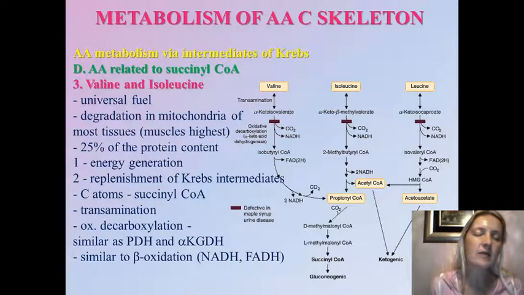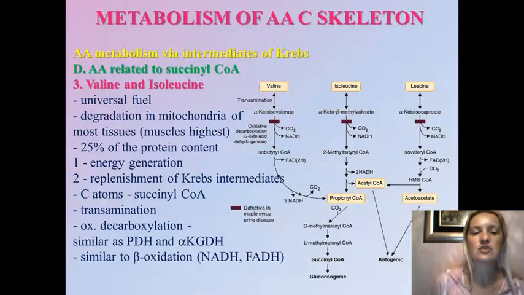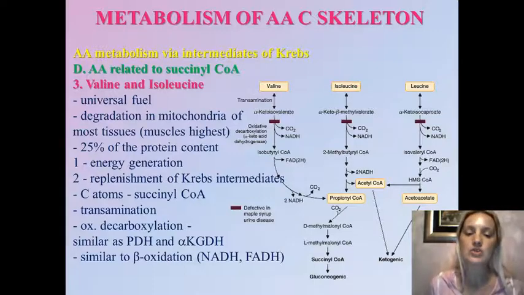And having in mind that approximately 25% of the average protein content are actually those amino acids, it is obvious and easy to conclude that these amino acids are going to be catabolized in order to generate energy or to replenish intermediates of the Krebs cycle.